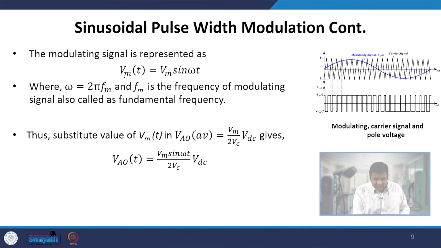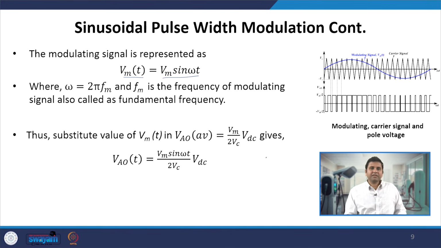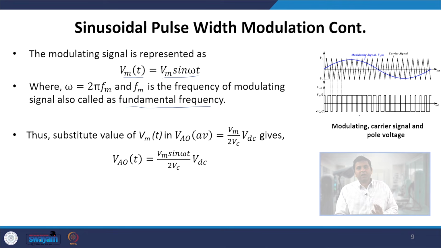So we have already seen that the modulating voltage varies as Vm sin omega t, where omega is nothing but 2 pi Fm, and Fm is the frequency of the modulating signal. This is also called the fundamental frequency, because it is the fundamental frequency with which the pulses of the pole voltages are varying.